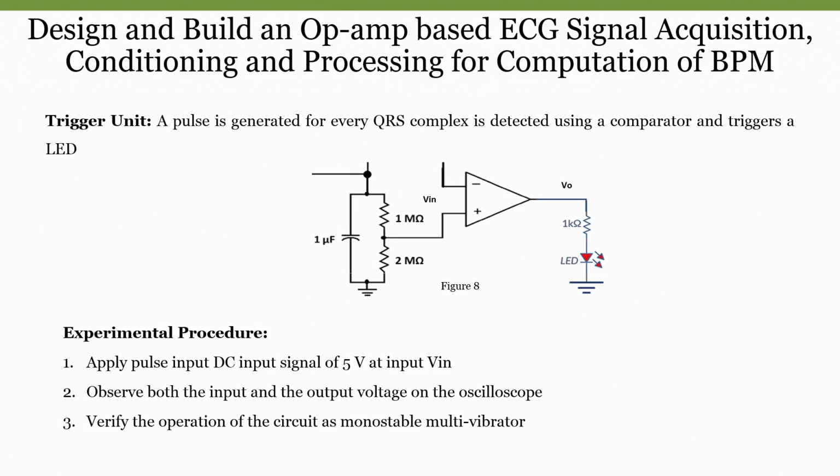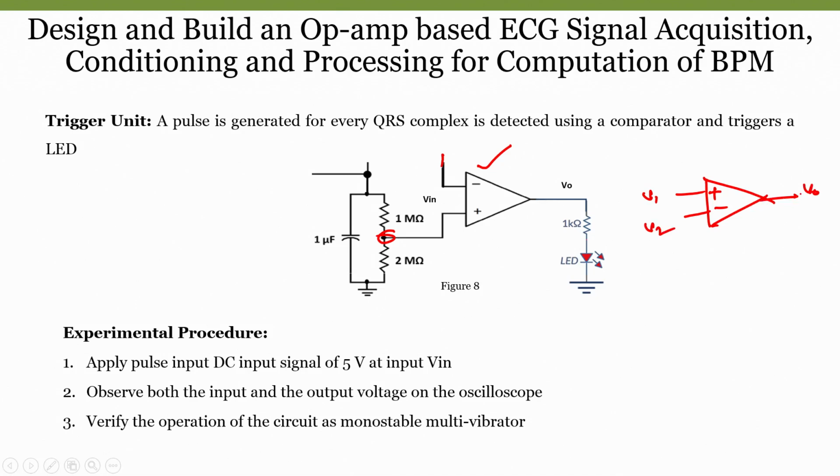So, in order to do that, what will we be using? We will be using a comparator. We will compare the input signal with this particular threshold. How does a comparator work? If you recall the working of a comparator, let us take this as plus and minus, this is V1, this is V2, and this is V0.